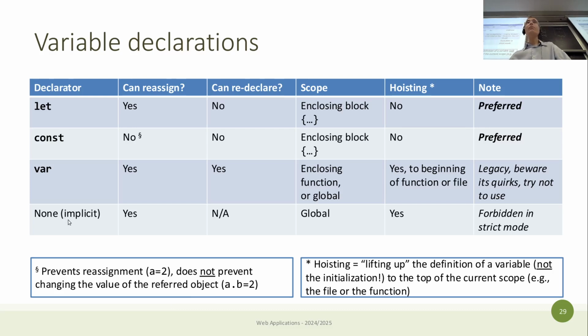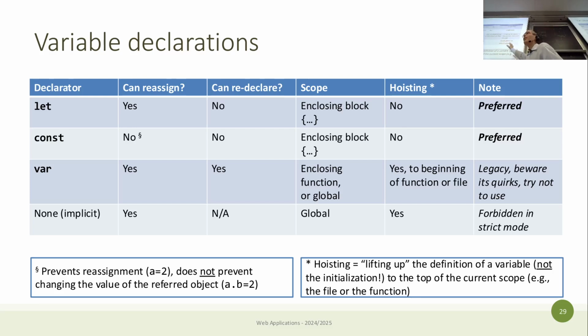And the fourth way means that you can simply write a equal to something without declaring it. And this automatically is a global variable. And again, in the middle of the program, you write a equal to something, and it starts existing from the beginning. You don't even declare it. Okay?